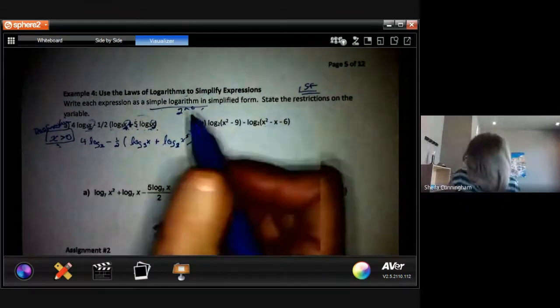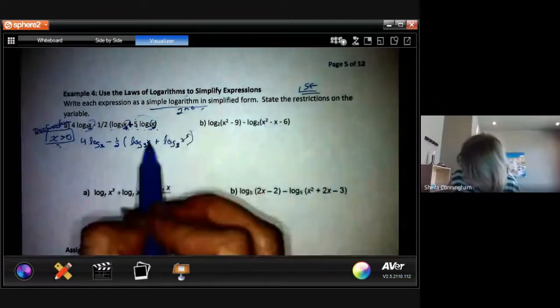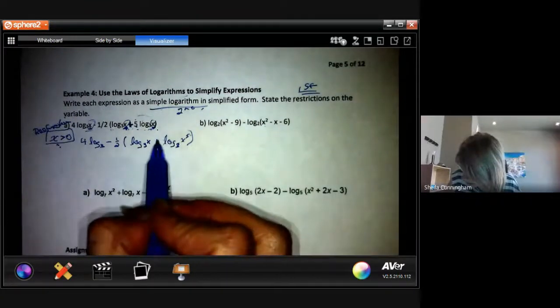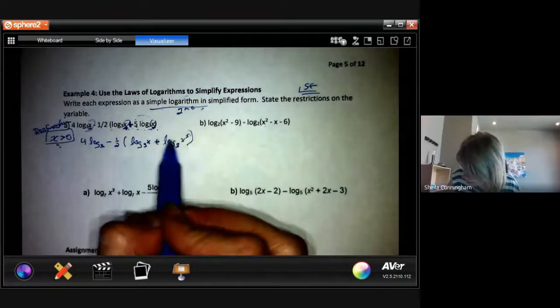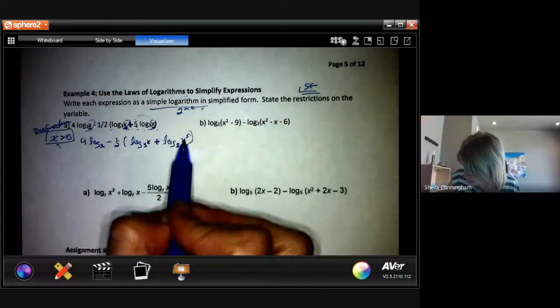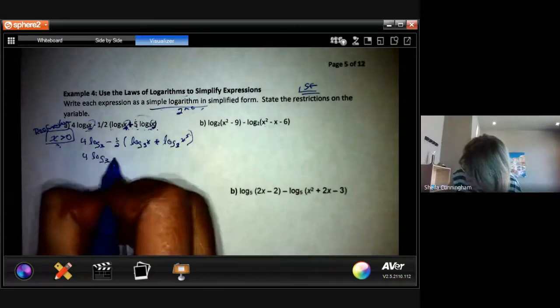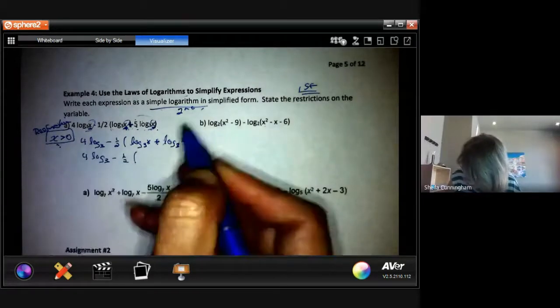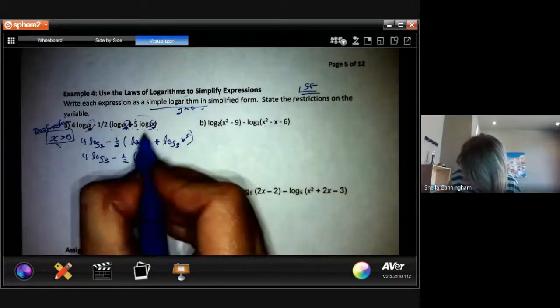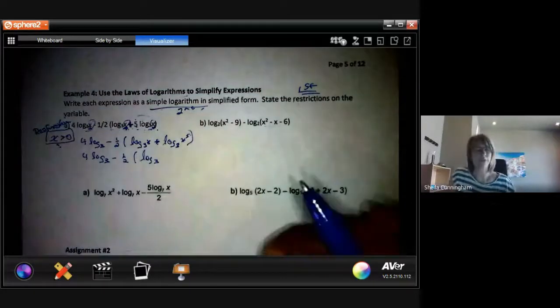So now once I've addressed that piece of it, now I think you're right. Because we're adding these two logarithms together, we're going to multiply these two together, right? So if I go log 3 minus 1/2 times log 3, what's x times x to the power of 5?